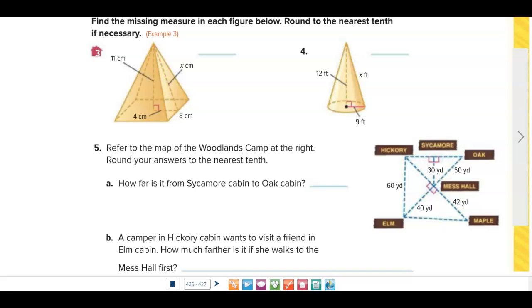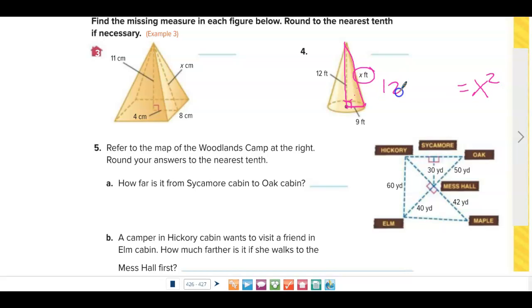All right, on number 4, we're given the height of our cone, and then we're given the radius, because remember the radius is half the distance across a circle. And then we need to figure out what the side length is going to be. So here's my right angle. The hypotenuse is always opposite, so we're again looking for our hypotenuse.